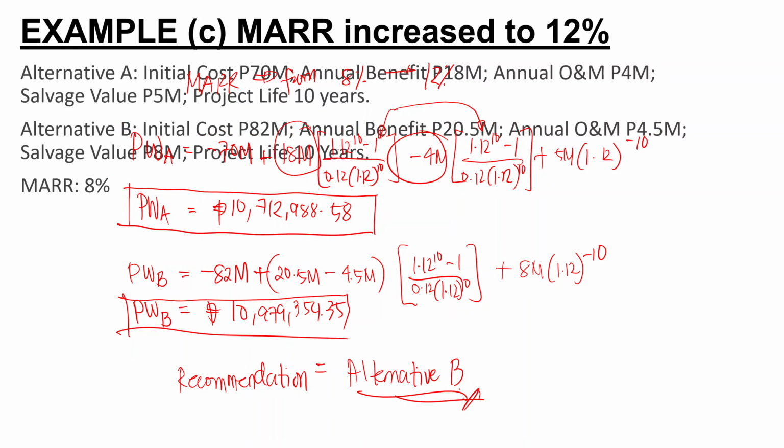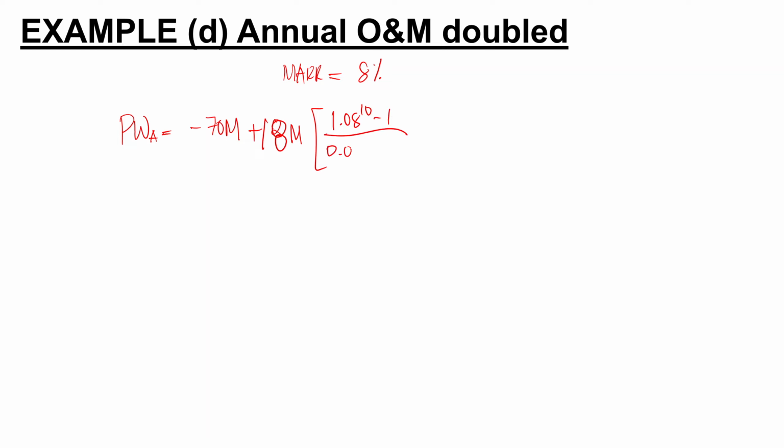Next scenario is when the annual O&M is doubled. So we multiply the annual O&M by 2. For our present worth A, we have negative 70 million plus the annual benefit of 18 million times, again, since this is a new scenario, we go back to our MAR at the original condition of 8%. So 1.08 raised to 10 minus 1 over 0.08 times 1.08 raised to 10.